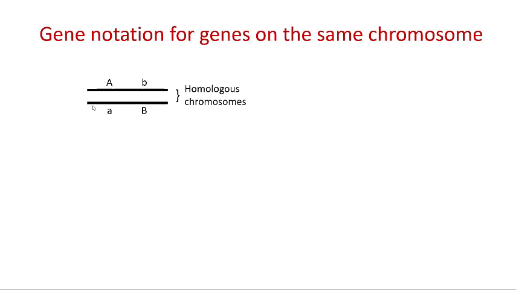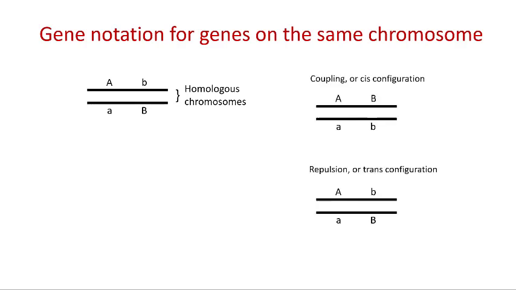This individual is a dihybrid, heterozygous for two genes. And I just want to point out that there are two ways that this dihybrid individual could have their alleles arranged on these chromosomes. So either the two dominant alleles could be together on one chromosome and the two recessive alleles on the other chromosome.